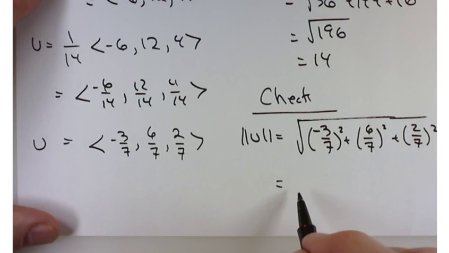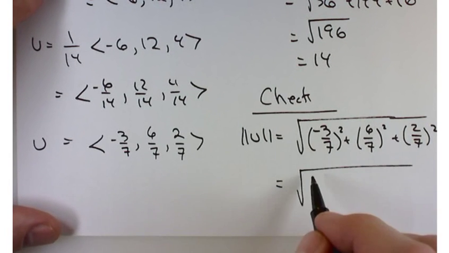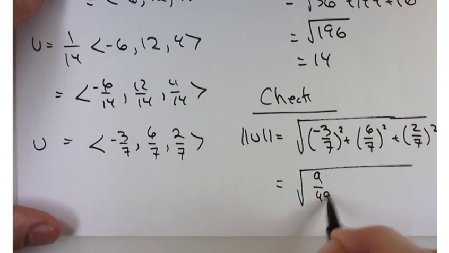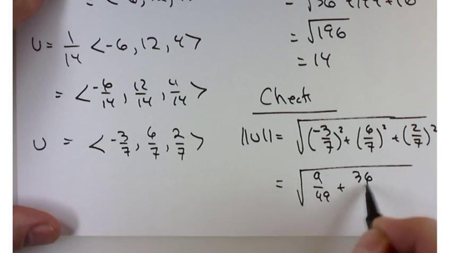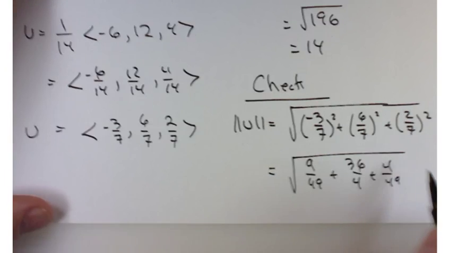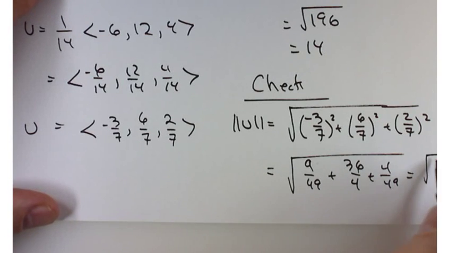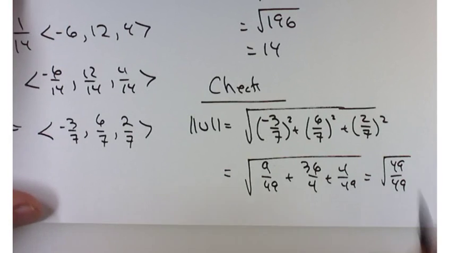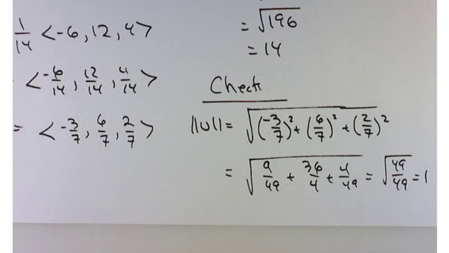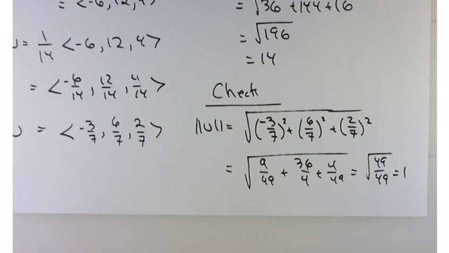Let's see what we get here. It's going to be the square root of 9 over 49 plus 36 over 49 plus 4 over 49. That's the square root of 49 over 49, which is 1. So it checks.